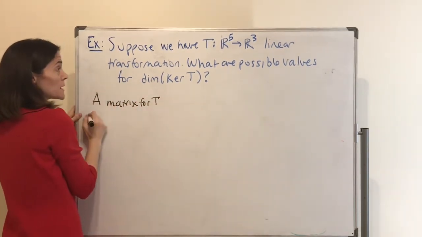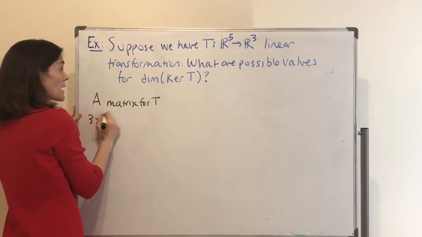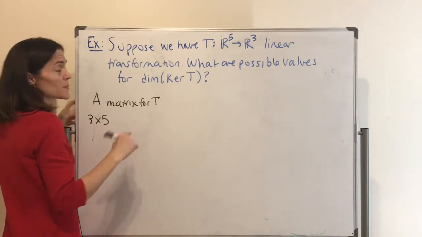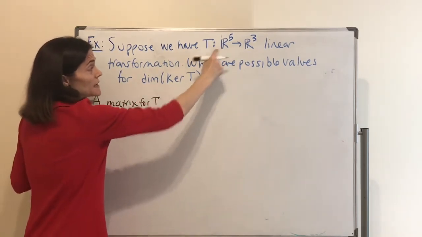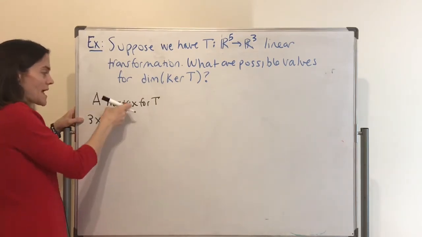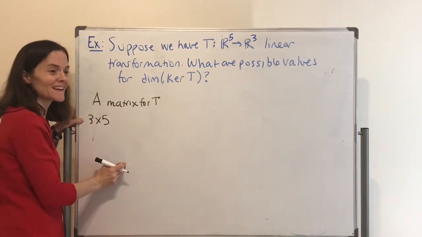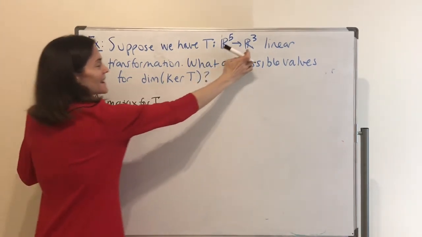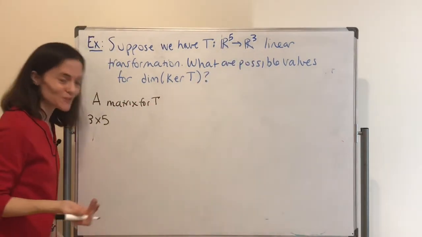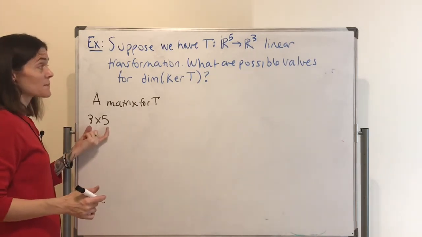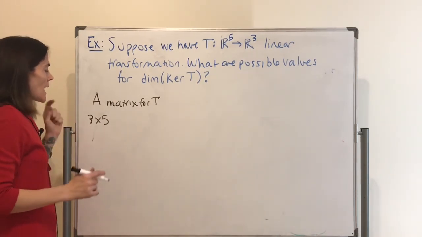And this will be 3 by 5 because, well, it always works this way, but if you want to check, T takes in something in R5, and when you multiply by A, this will also take something in R5 and produce something in R3, since the middle numbers match, 3 by 1. Okay, in any case, this is the size of the matrix for T.